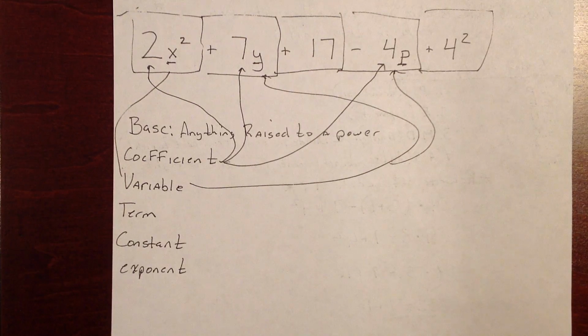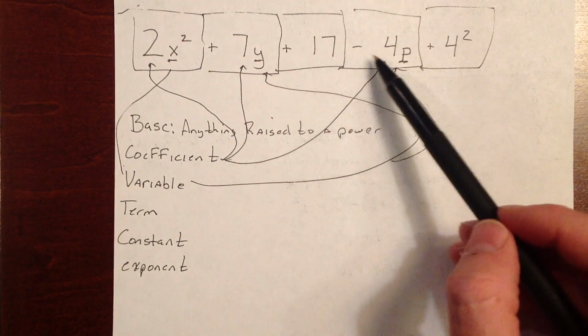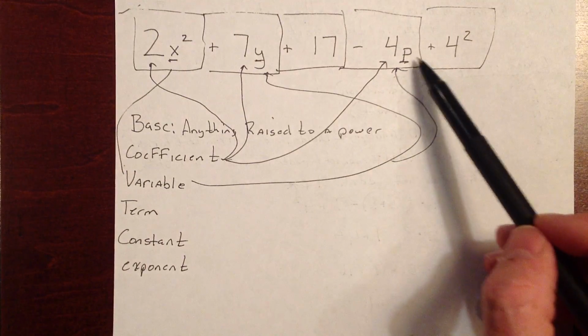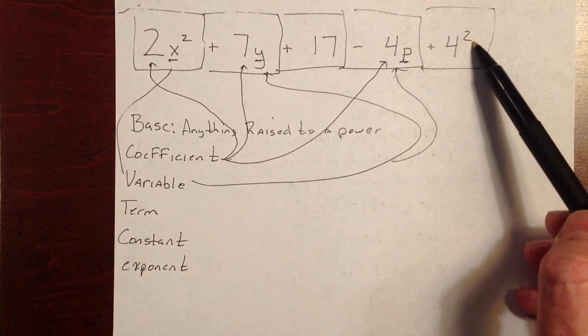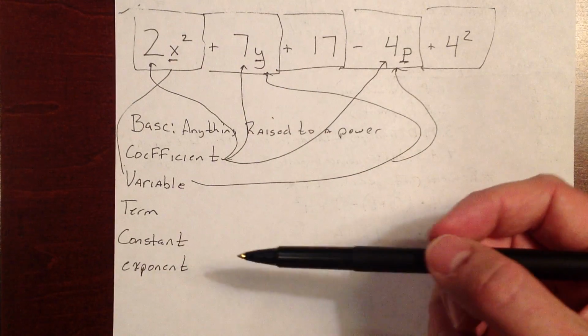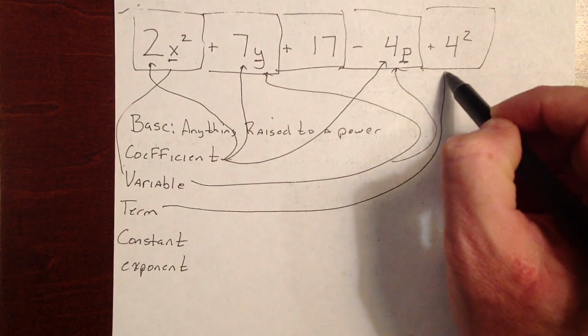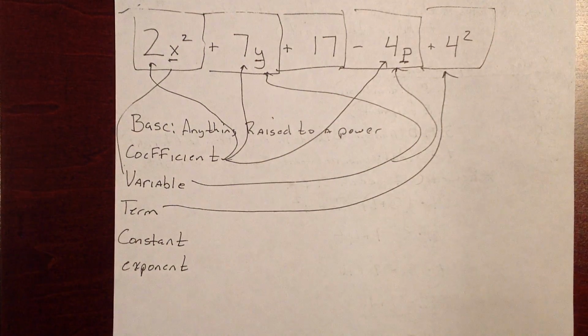Keep in mind that with a term, the sign goes with it. In this case, negative 4p. In this case, positive 4 squared. In this case, positive 17 or just plain old 17. That's what a term is. And I'll just draw one here and you'll know that it goes to everything.